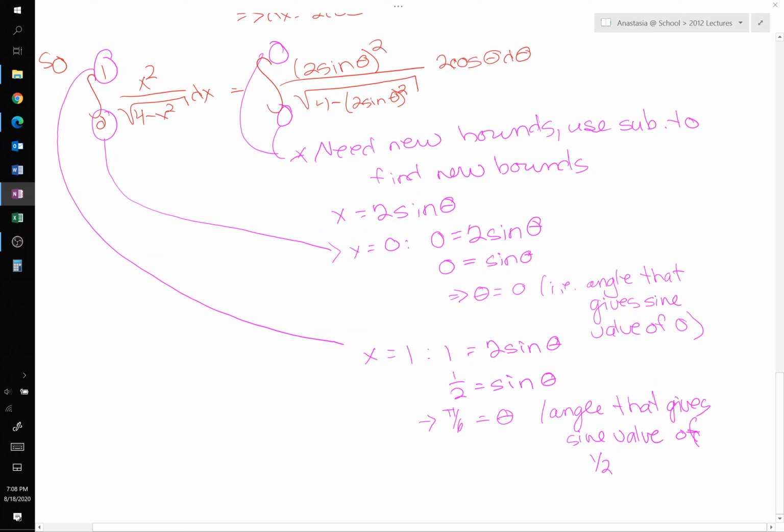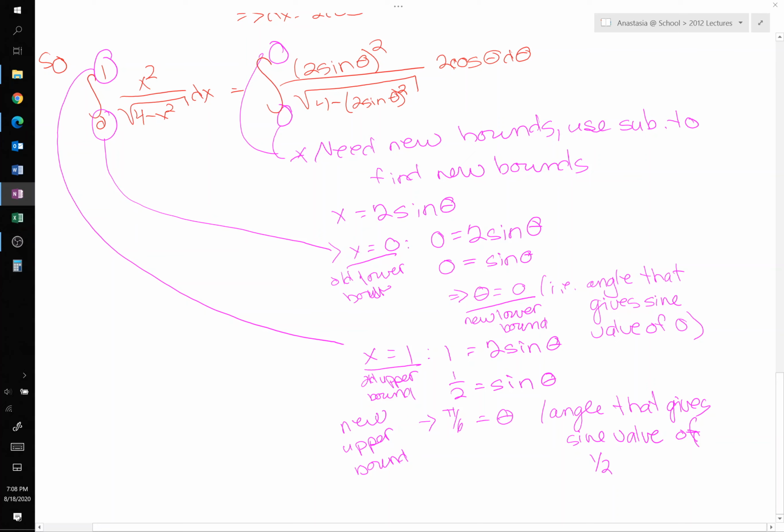So this pi over 6 is our new upper bound, because x equals 1 was our old upper bound. And theta equals 0 is our new lower bound, because x equals 0 was our old lower bound.